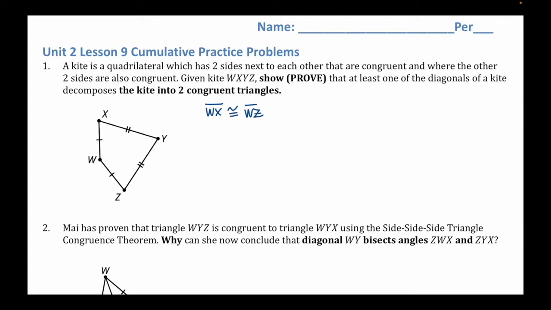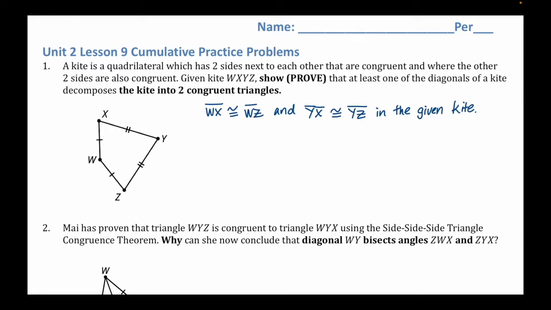I can also state, I'm going to say YX, because I want to start at the common point. So I'm going to say segment YX is congruent to YZ in the given kite.